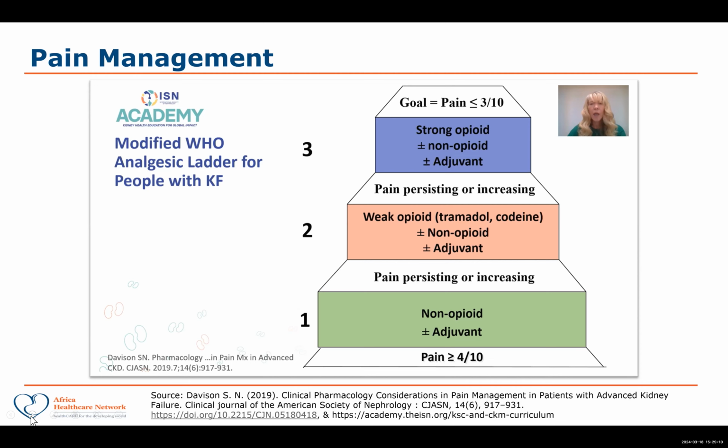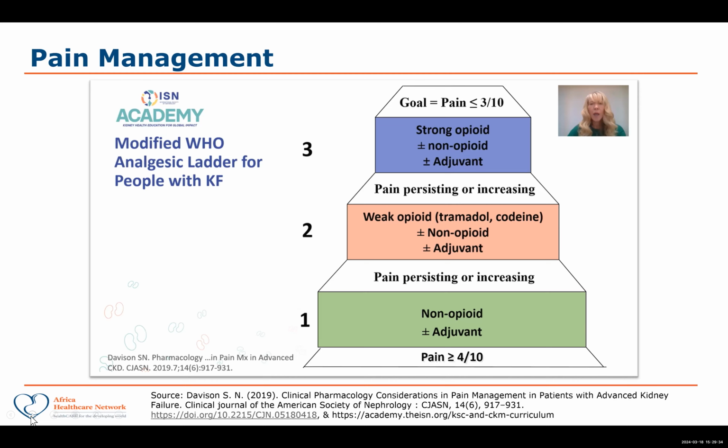The original WHO ladder has 3 steps. You might know that from working with some patients who have cancer. We use a 3-step ladder to manage pain for those patients. But for our kidney failure patients, there is a step that we try to avoid.